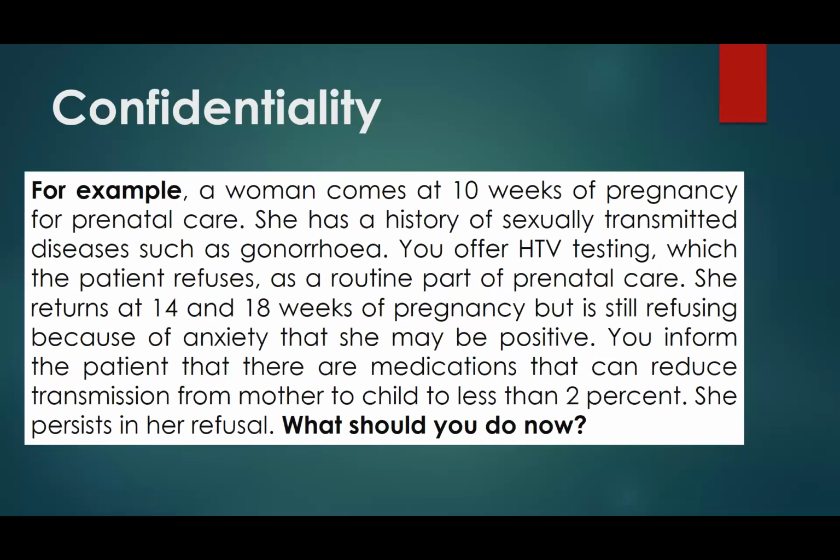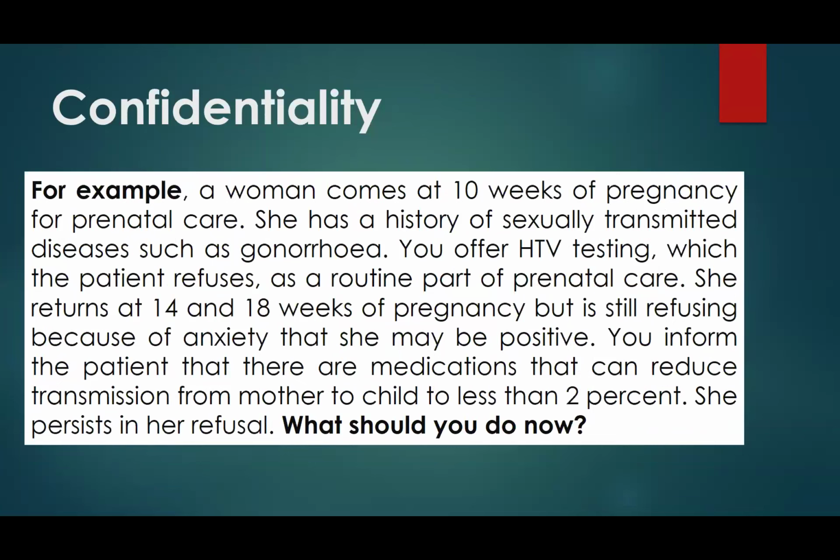For example, if a woman comes at 10 weeks of pregnancy for prenatal care, she has a history of sexually transmitted disease such as gonorrhea. You offer HIV testing, which the patient refuses as a routine part of her perinatal care.